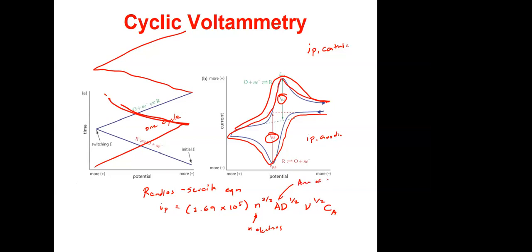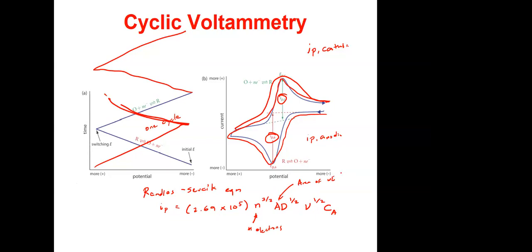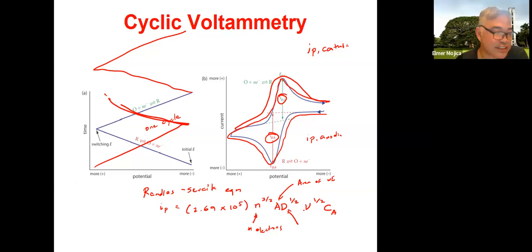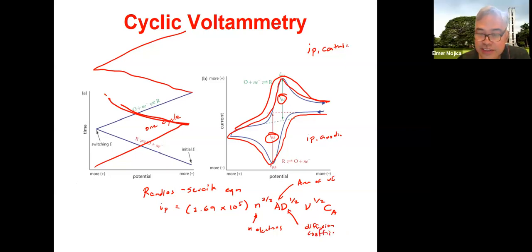Area of the working electrode. Yes. D is, what is D associated with in our topic on voltammetry? Diffusion. That's the diffusion coefficient, for the electroactive species. And then v, what do you think is v?